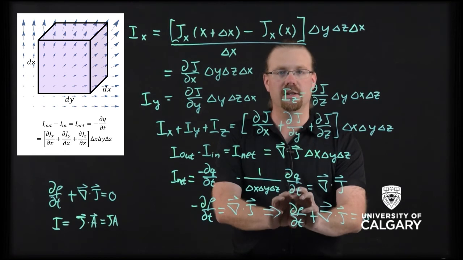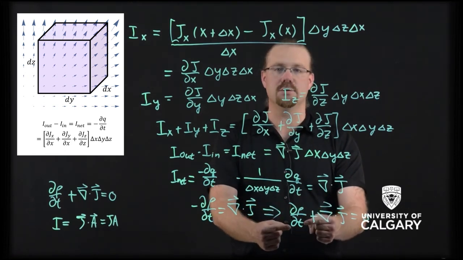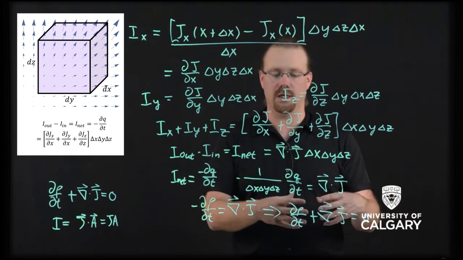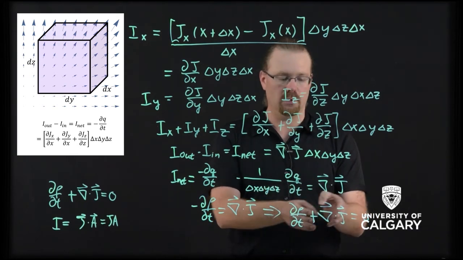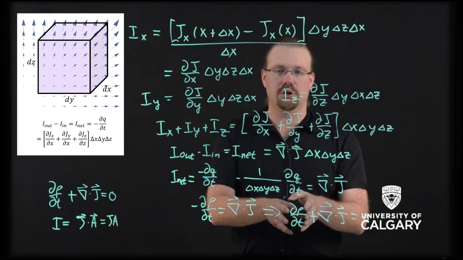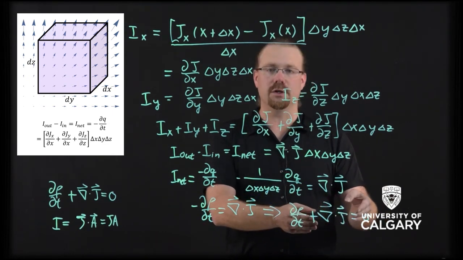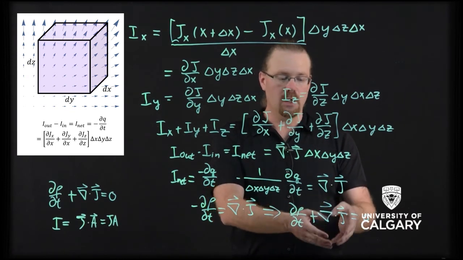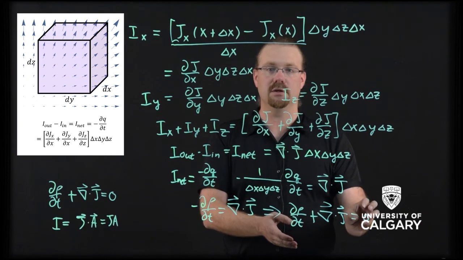The charge density that we have changes with time, and the way that it changes with time is our current density flows out or flows in. So there's a relationship. The total charge must go down when J flows out. The total charge must go up when J flows in. Outflowing J would be a positive J, making this negative. Inflowing J would be negative J, making this positive in order for it to balance out to 0.